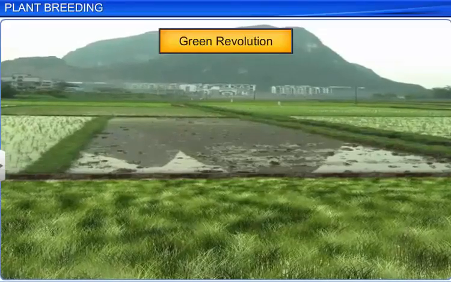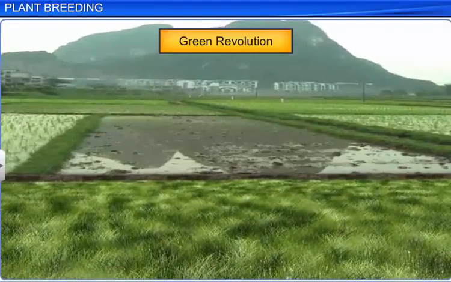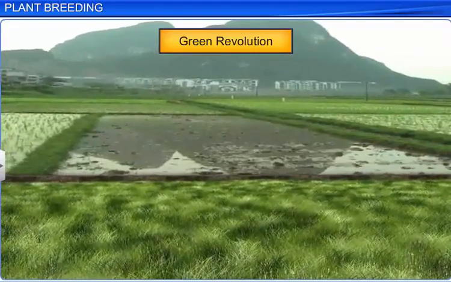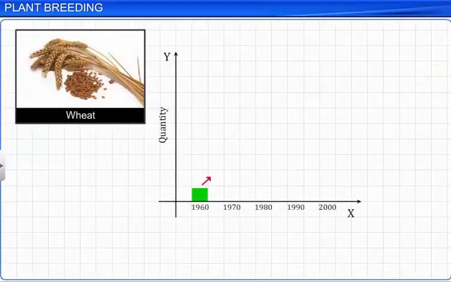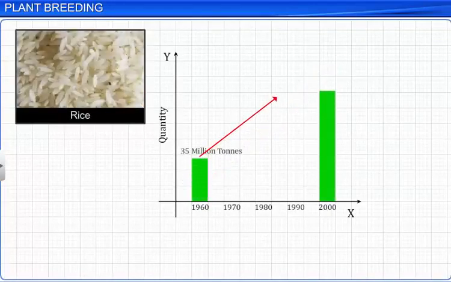The Green Revolution is a result of using various plant breeding techniques to boost agriculture. During this period, there was a dramatic increase in the production of wheat from 11 to 75 million tons and rice from 35 to 89.5 million tons.